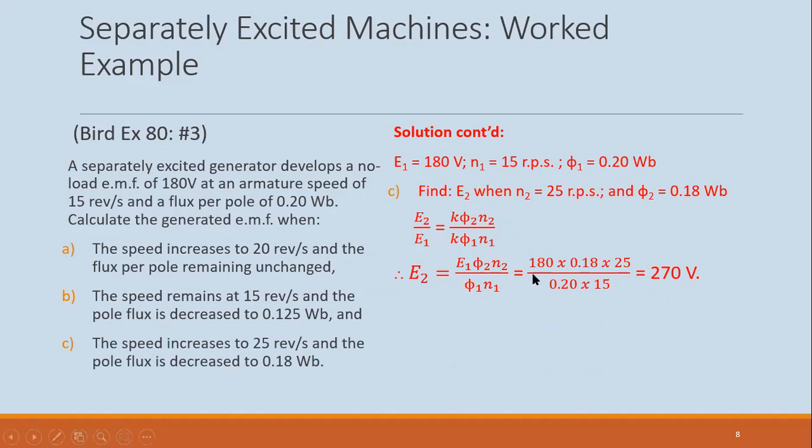Substituting into E2 equal to E1 times phi 2 N2 over phi 1 N1, the voltage has gone to 270 volts. So increasing the speed and decreasing the flux from the original value, both of them together have caused an even greater increase in the induced EMF.